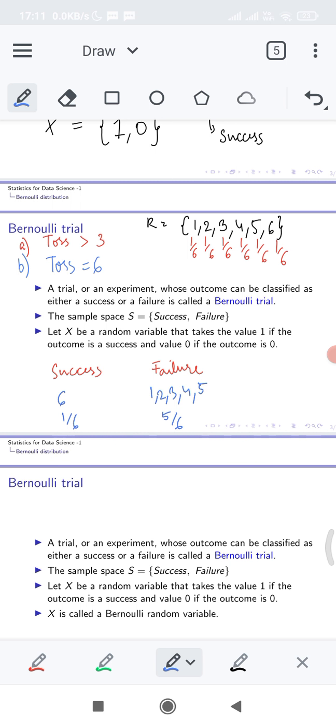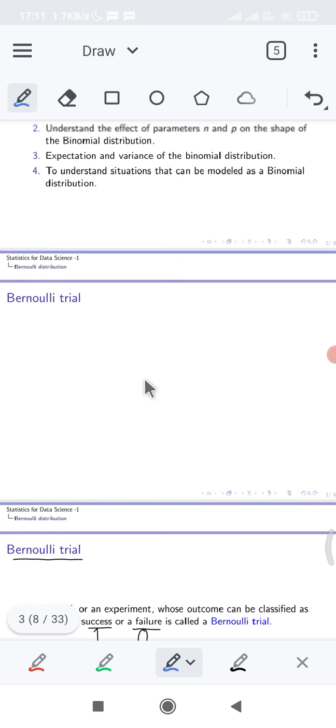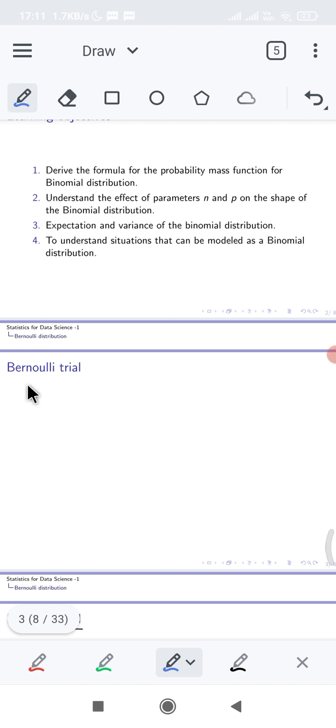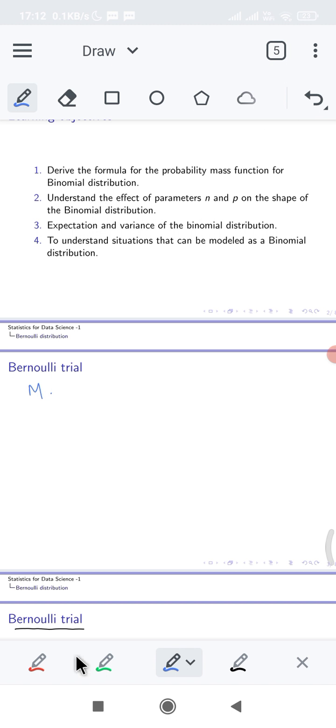Now let me give you some examples. Suppose there's a manufacturing company. It produces, let us suppose, mobile phones. So a company produces smartphones, and the probability of getting a defective piece is 0.15.